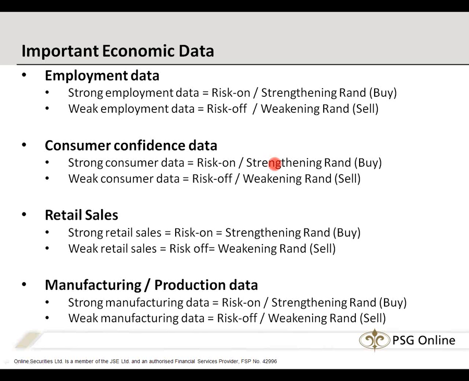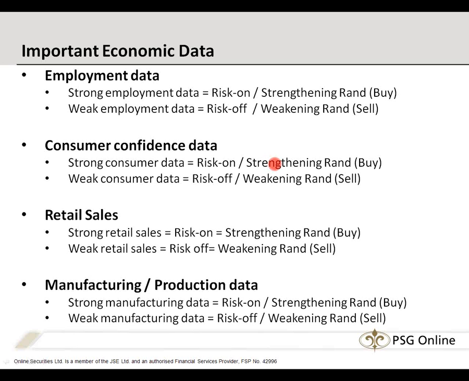Let's talk about economic data. Usually Thursday and Friday, we always look at economic data, employment data, especially from the States. Remember, the States is the gearbox of the global economy. So strong employment data means more people are being employed, which means the economy is growing, which means risk on. Okay, let me move my money offshore.